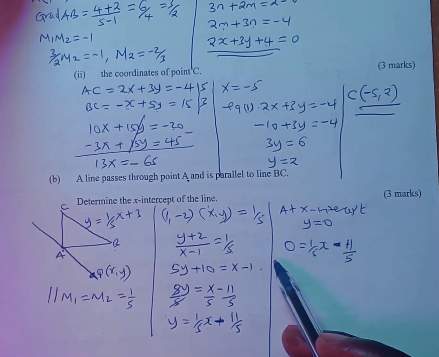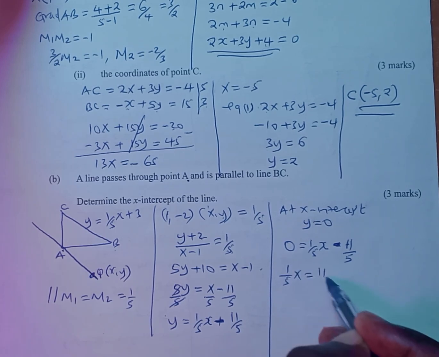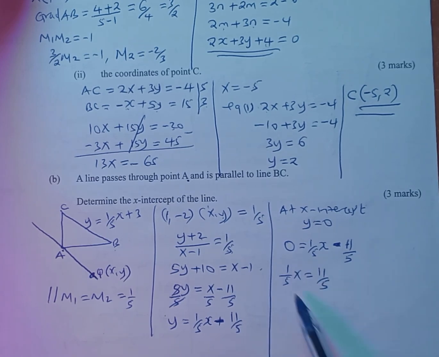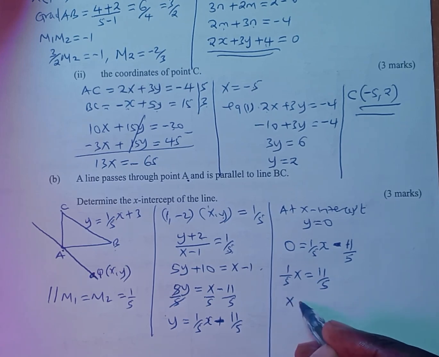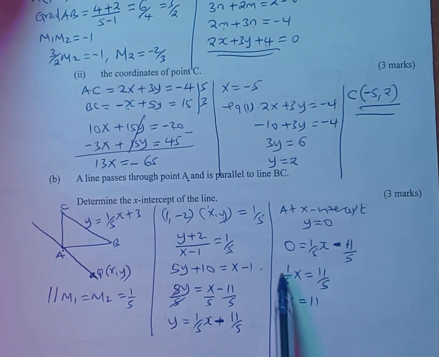Then we move this to the other side, we are going to have a fifth x being equal to 11/5. Since 5 is common, we can easily drop it and say x is 11, because even if you cross multiply by 5, we are going to remain with x as 11, and this becomes the x-intercept of the line.